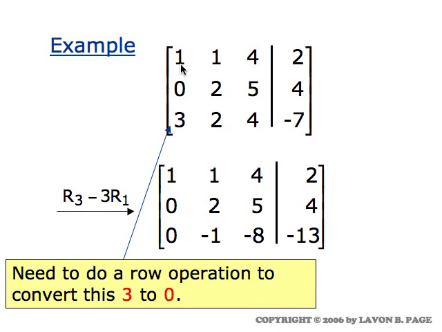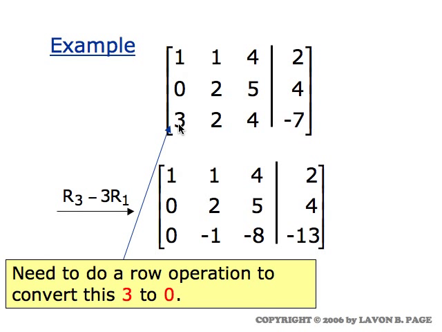It's already there for free. So the next thing we will want to work on is producing zeros in these two spots. And notice we have one of those for free. So to get the first column in the form we're looking for, which is 1, 0, 0, the only work we have to do is to change this 3 into a 0.